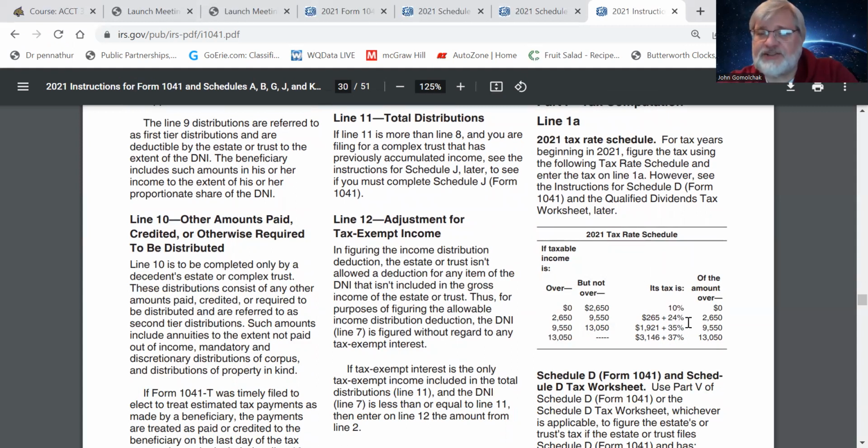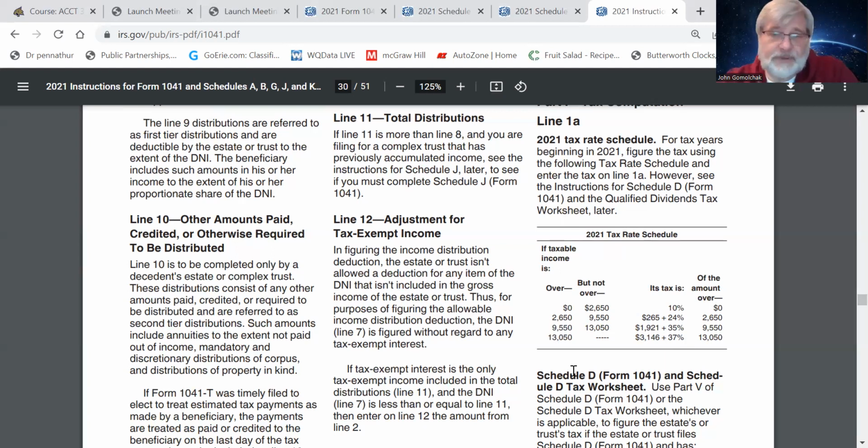Once again, looking and seeing that at $13,500 of income, you're already at the maximum marginal tax rate of 37%. So we don't like that. That's a nasty tax rate. So that's why we like to have the ability to distribute income whenever we have the chance to.